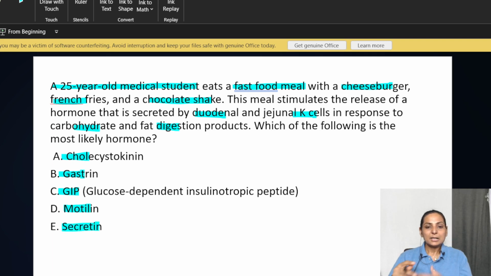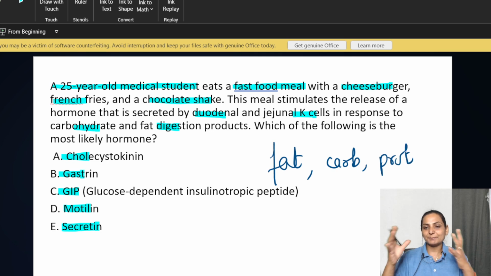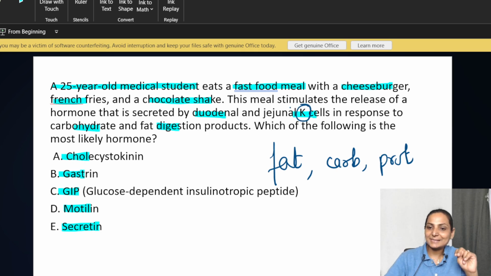Now, coming to the discussion, as soon as you get an idea that the diet consists of fat, carbs, and also some amount of protein, so there is a mixture of these three products. First hint. Second hint, it is coming from the K cells.